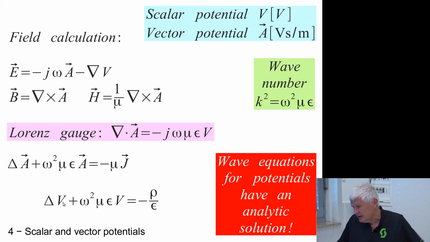So then we're in trouble. But something that we didn't consider in this definition of potentials is that we only defined the curl of the vector potential.